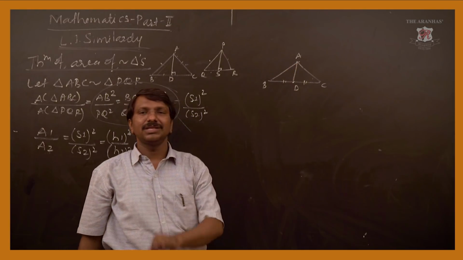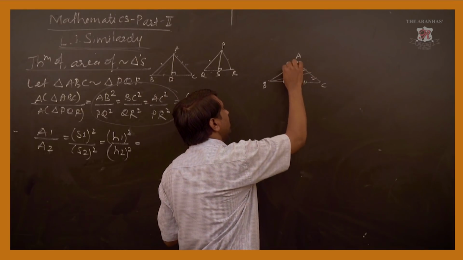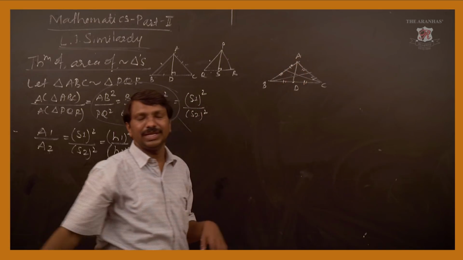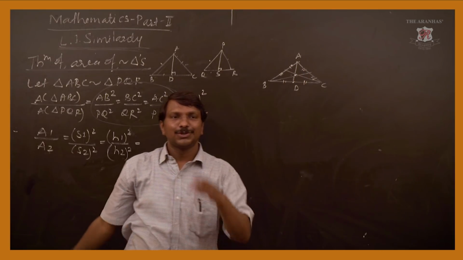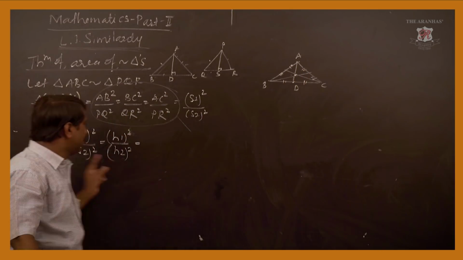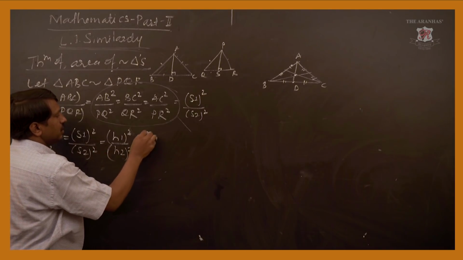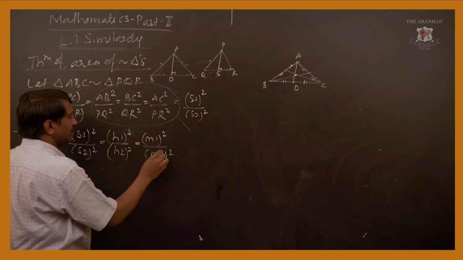Here also we can construct three medians, one from each vertex. So the ratio is equal to their medians' squares also: M1 square upon M2 square.